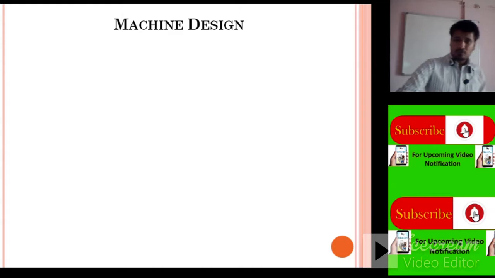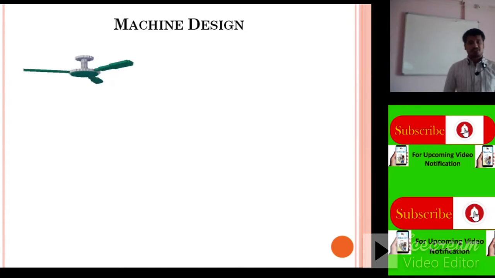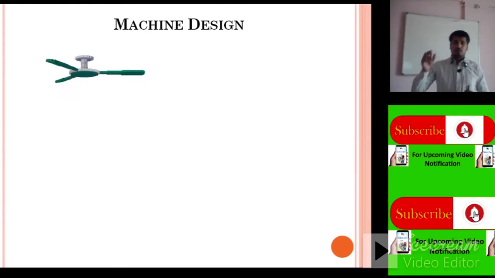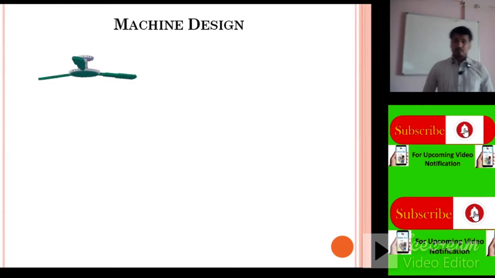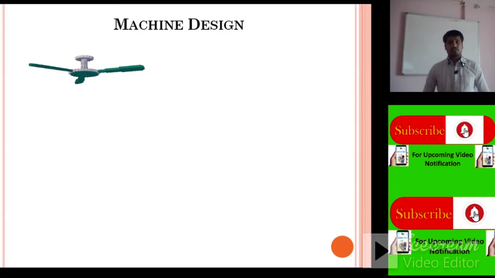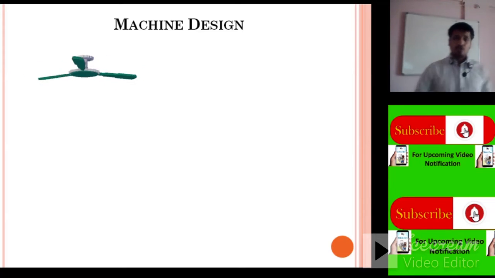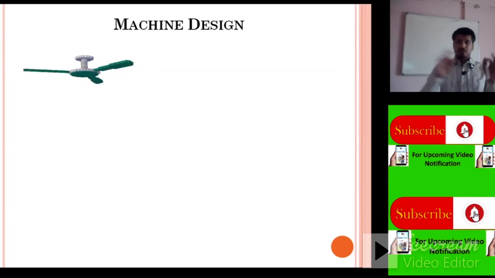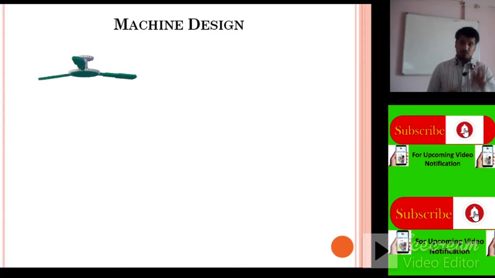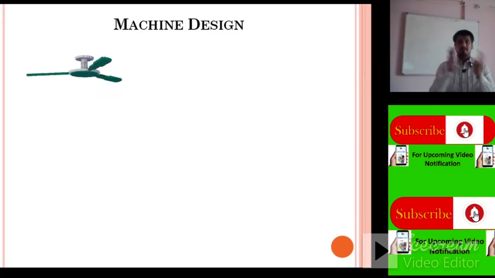Now we will move toward our first part, that is machine. Here you can see that one object is rotating. You can see this in your daily life, and you know the application of this machine or this mechanism. Now what we are going to do is divide this machine into different parts, so that we are able to identify or define what is meant by machine.